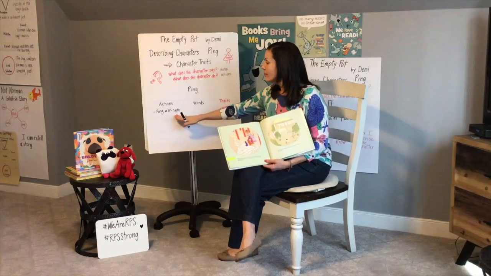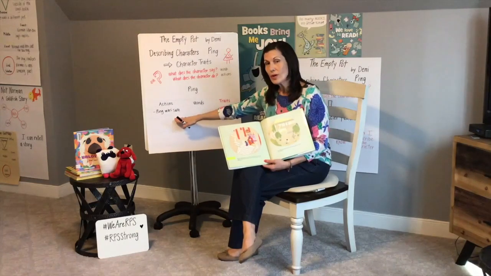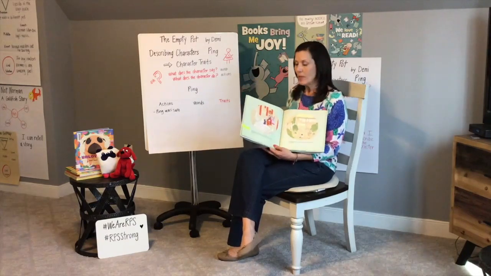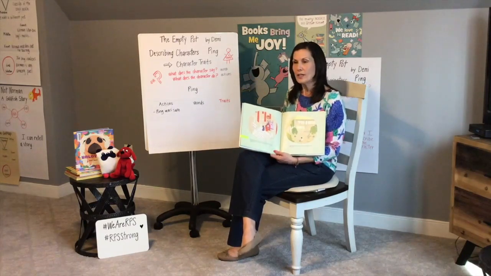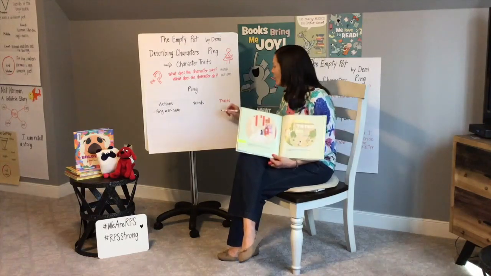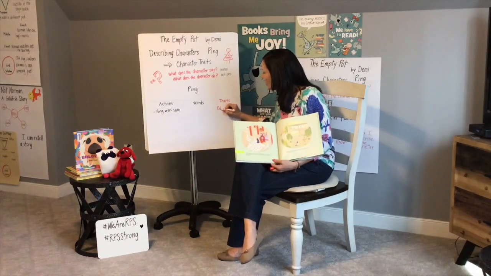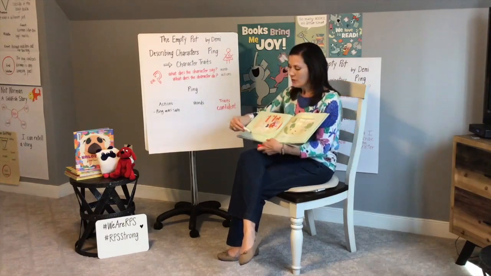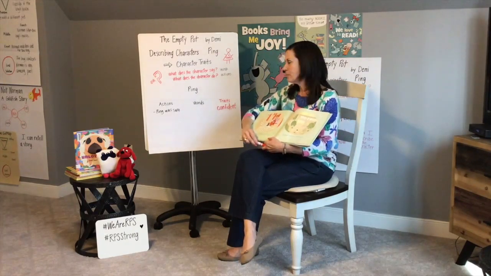When someone like Ping is sure of something, a trait that we can use to describe them is confident. When we are sure, it means we're certain. So we are very confident. So I'm going to list the word confident. That is a character trait that describes Ping based upon his actions.